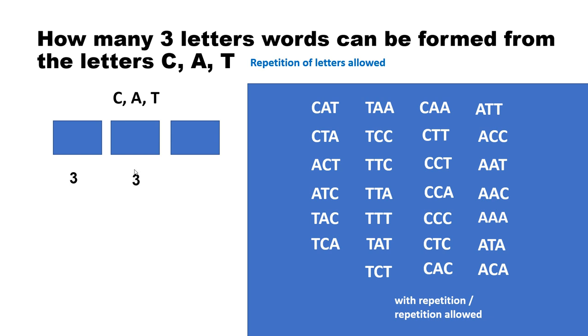So in this case it's 3, and for the last one also the available choices are 3. So the total number of ways in which we can write or arrange the letters C, A, T is 3 times 3 times 3, which is 3 to the power 3, and that is equal to 27.